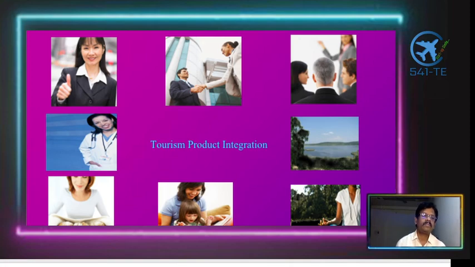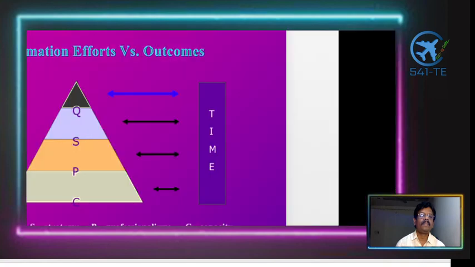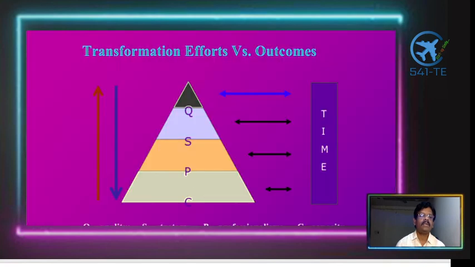So the tourism product is a mixture of all these, an integration of many dimensions. When you see the transformational efforts and outcome, you can see dimensions like quality, sales and product, consumer and time. All these are simultaneously happening at the product level.